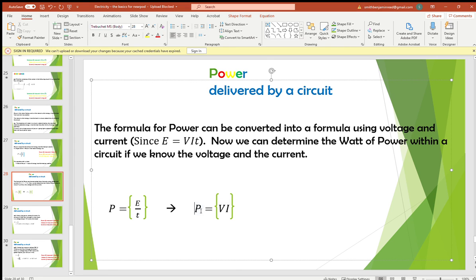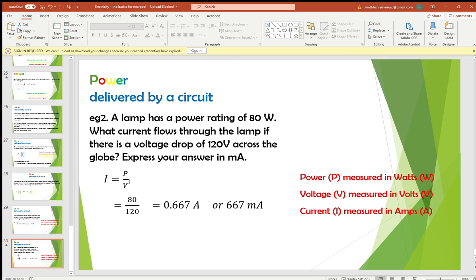You divide power by voltage, you have P over V, and you're just left with I on the other side, hence this formula. Then, of course, we plug in our knowns, which is 80 watts divided by 120 volts, and that will give us about 0.667 amps. You can also represent that as 667 milliamps.